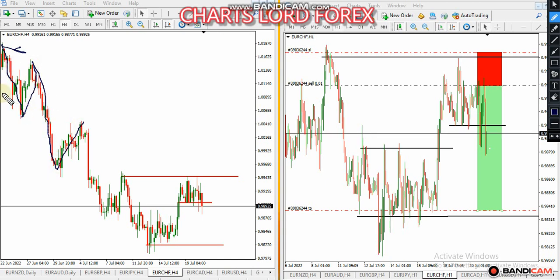So you have a lower low here, a lower high here, a lower low, a lower high, a lower low to this point, then another pullback, another lower high here, then another lower low to this very area. So it's been on a downtrend.